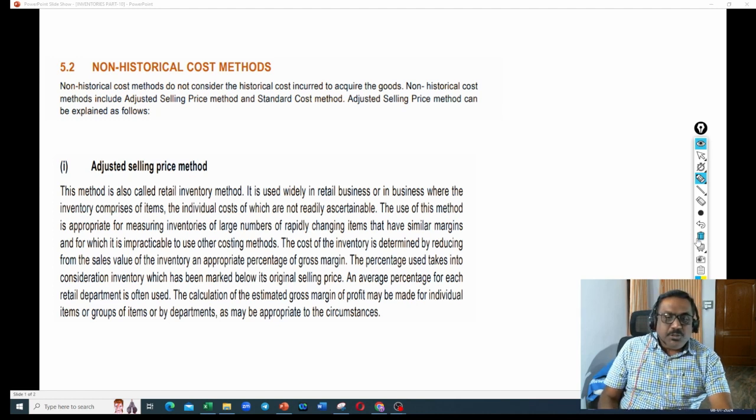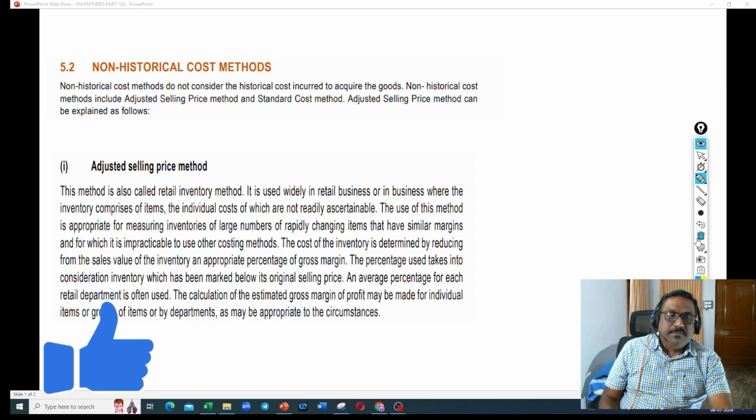The percentage used takes into consideration inventory which has been marked below its original selling price. That is important. An average percentage of each retail department is often used.